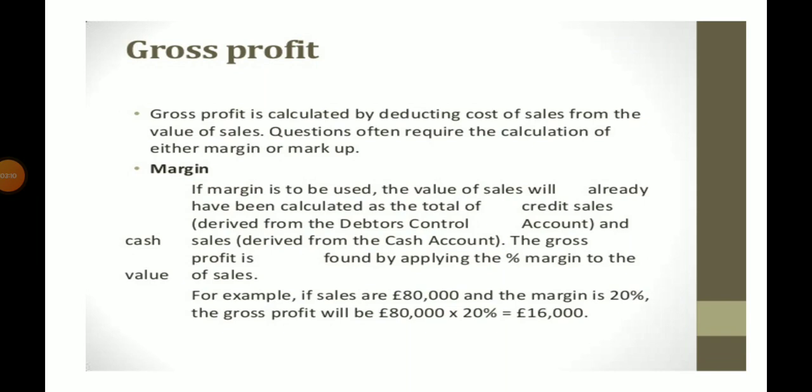If margin is used, the value of sales will already have been calculated as a total of credit sales derived from the debtors control account and the cash sales derived from the cash account. The gross profit is found by applying the percentage margin to the value of sales. For example, if the sales is 80,000 and margin is 20%, the gross profit will be 80 into 20 is 16, divided by 100, also 16, okay, 16,000.